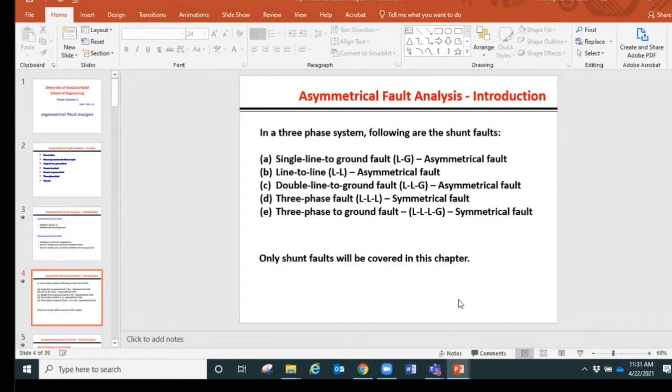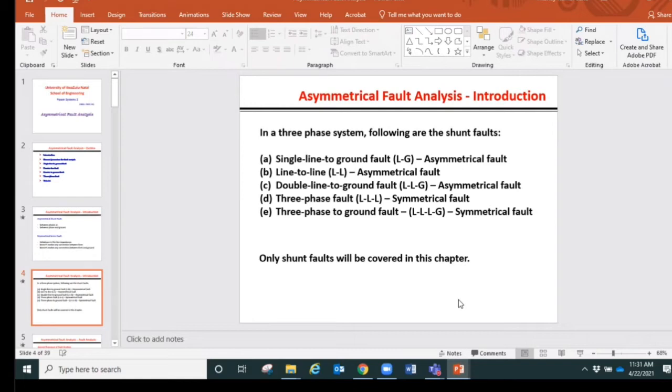Three phase fault, sometimes we write it as LLL, 3 lines, or sometimes we say all 3 phases. They are symmetrical faults, but can also be analyzed using symmetrical component analysis. And also the next one, three phase to ground fault, so LLLG, a symmetrical fault.